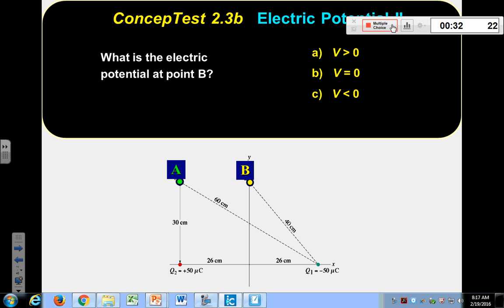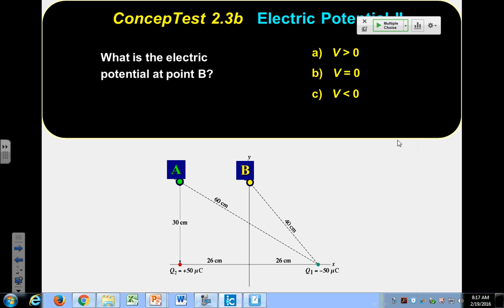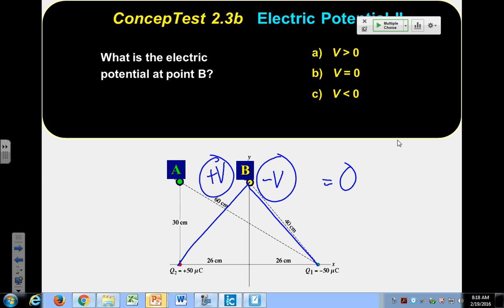I'll stop at 38. Okay, good. B is the right answer. We saw this before, but when I'm equidistant, I get a positive V here, I get a negative V here. They add up to give me 0. My potential is 0.